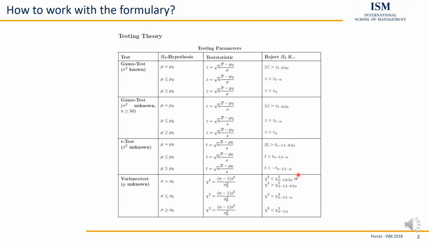So here we need to check two conditions before we can actually reject H0. Because if this holds true or this holds true, in either of the two cases, we can reject H0. So there's actually two possibilities for us to reject H0 if we run a test for the variance.